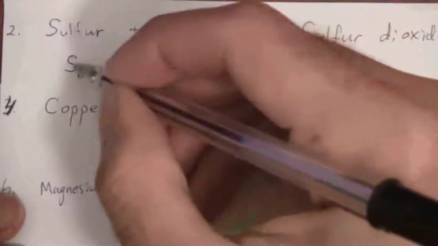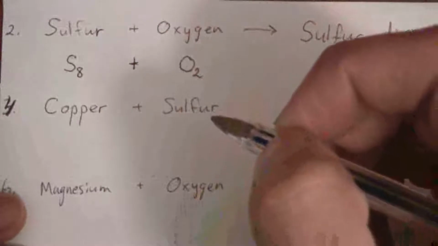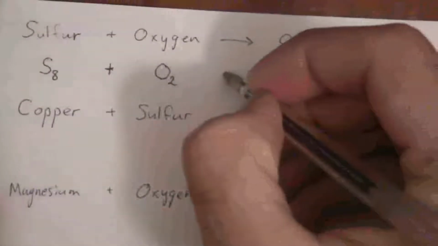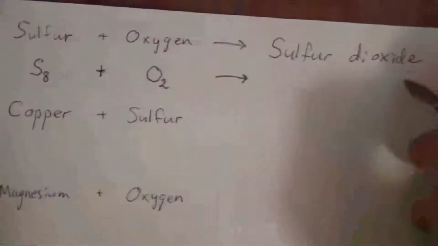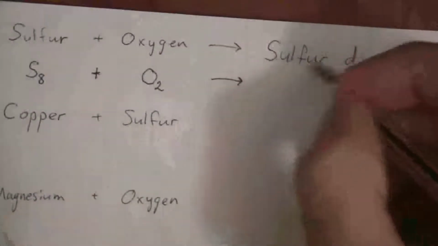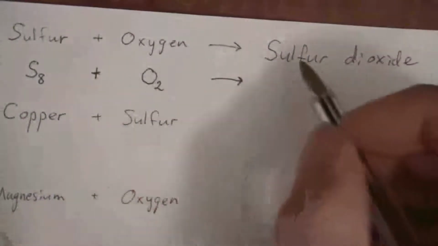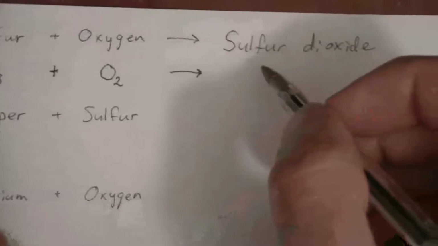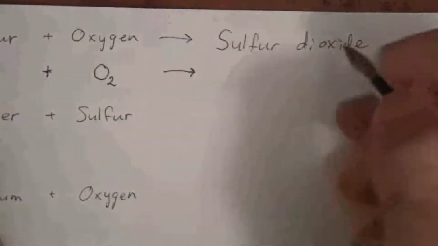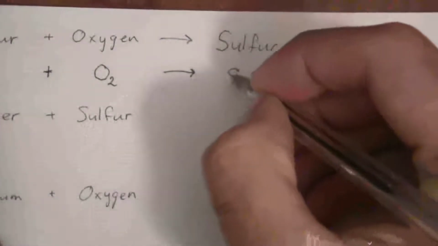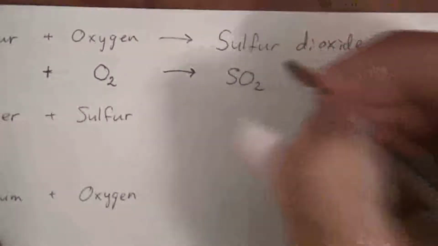There are 8 sulfur atoms, all right? So we have S8 plus O2 to produce sulfur dioxide, which, with 2 nonmetals here, is a molecular compound.